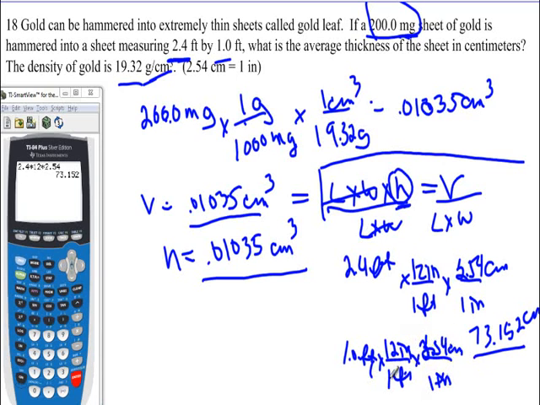Inches cancel, feet cancel, and I end up with 12 times 2.54, and I get 30.48 centimeters. Okay, so I'm going to plug those in here. 73.152 is my length. My width is 30.48.